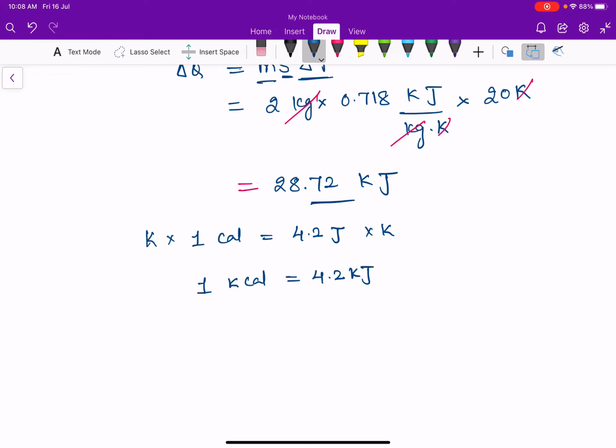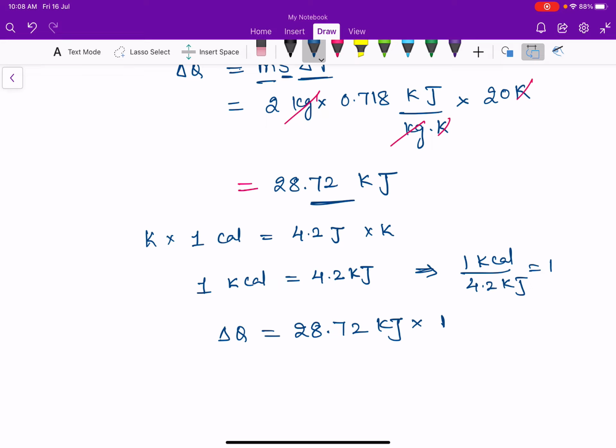So convert this one now. The amount of heat energy required is 28.72 kilojoules into 1. I can write it like this: from 1 kilocalorie per 4.2 kilojoules is equal to 1. I am replacing 1 with this value.